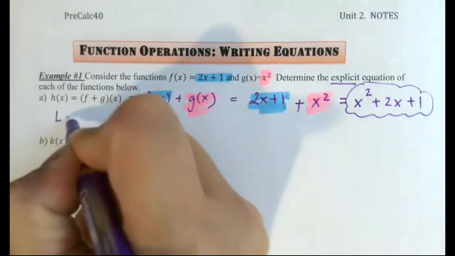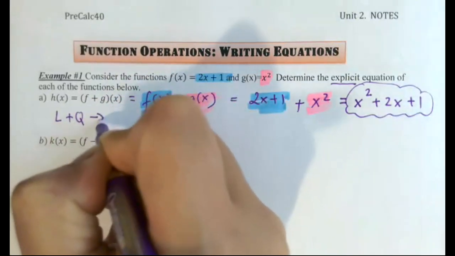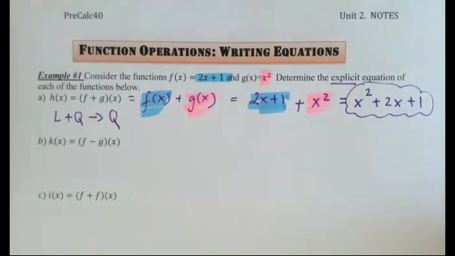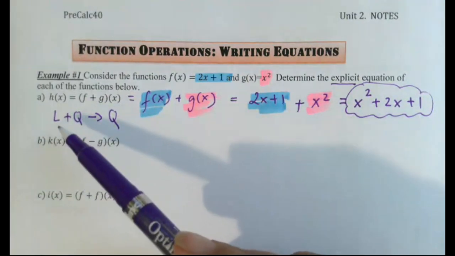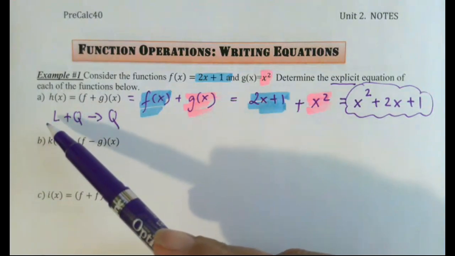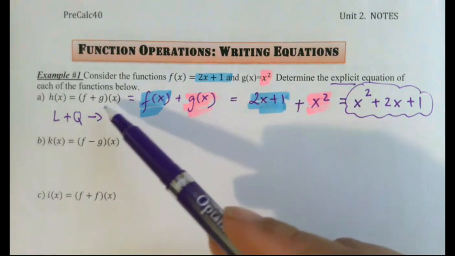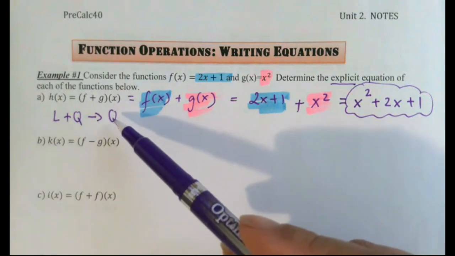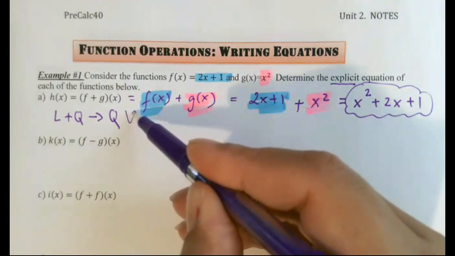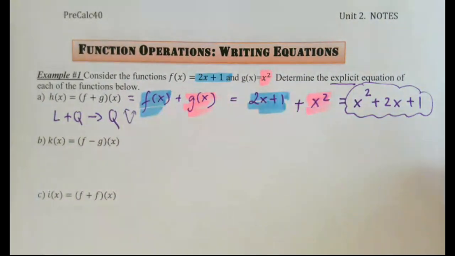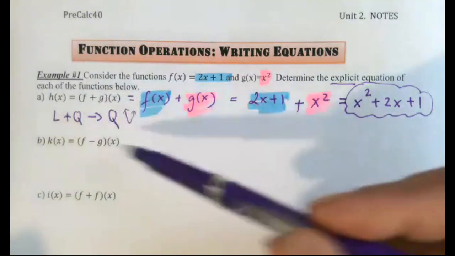So a linear plus a quadratic will result in a quadratic. And you can even give yourself more detail here. A positive leading coefficient linear with a positive leading coefficient quadratic is going to give you a positive leading coefficient quadratic. So you can even imagine the graph is going to be upwards, or look at the equation. But when you don't have the equation, this thinking helps.